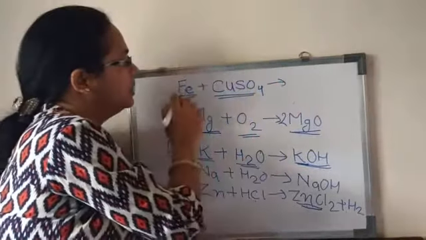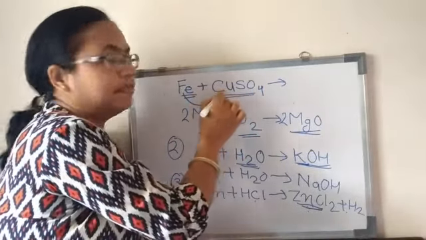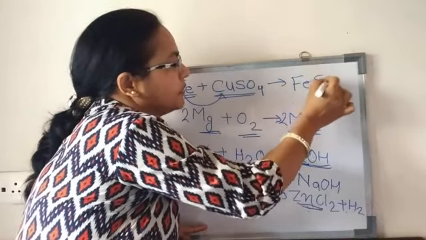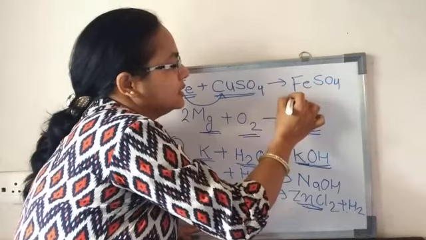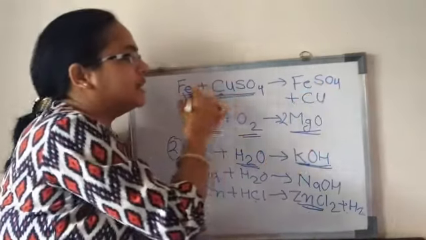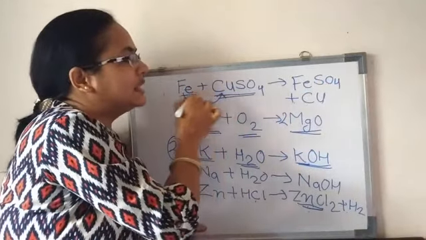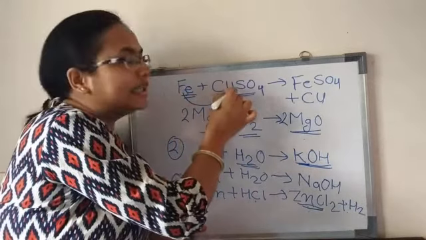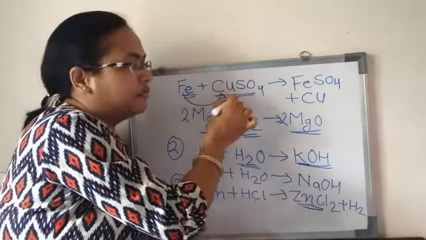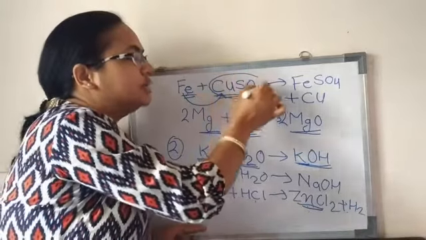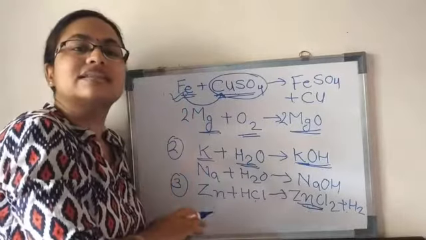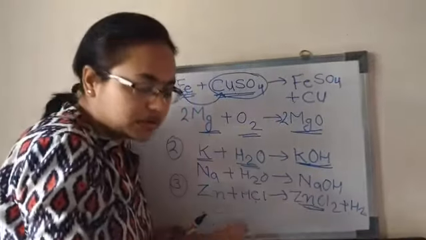After reaction, Fe will displace Cu and it forms FeSO4 plus Cu. Why does Fe displace Cu? Because Fe is more reactive than copper. That's why it displaces it from the metal salt solution. So this reaction you have studied in lesson 1 also.